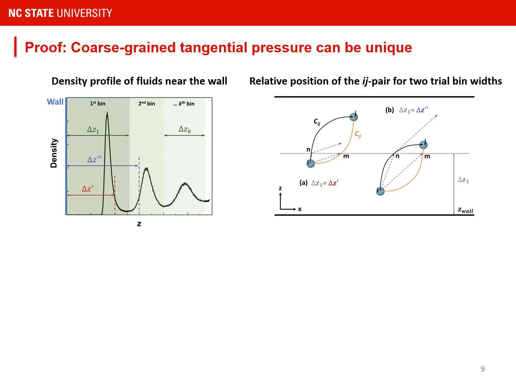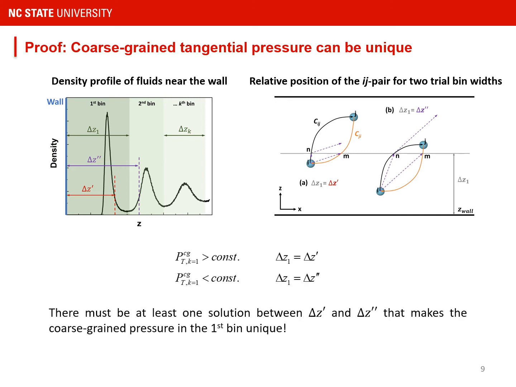For the second trial bin width, interestingly, the majority of particles have the relative position as shown on the right. In this case, the vector im plus vector im is larger than the vector ij in the x direction. Based on the above argument, we can show these two inequalities.